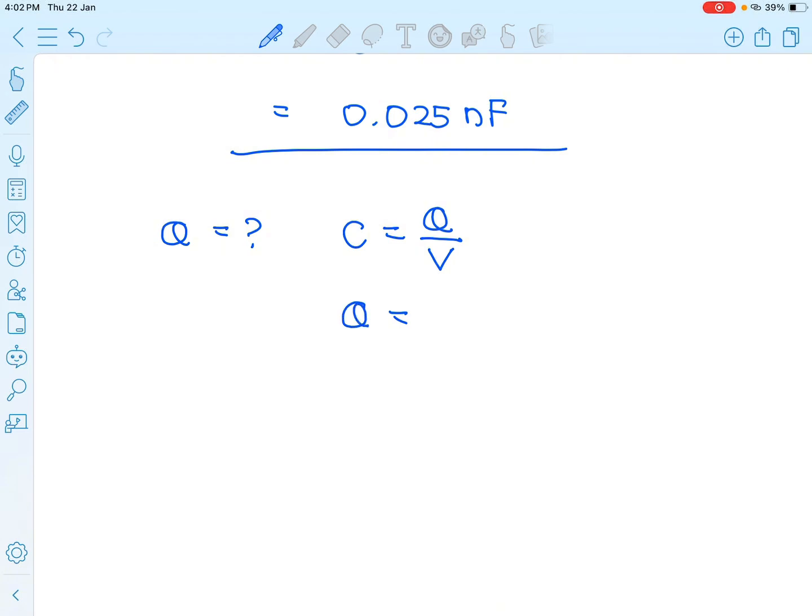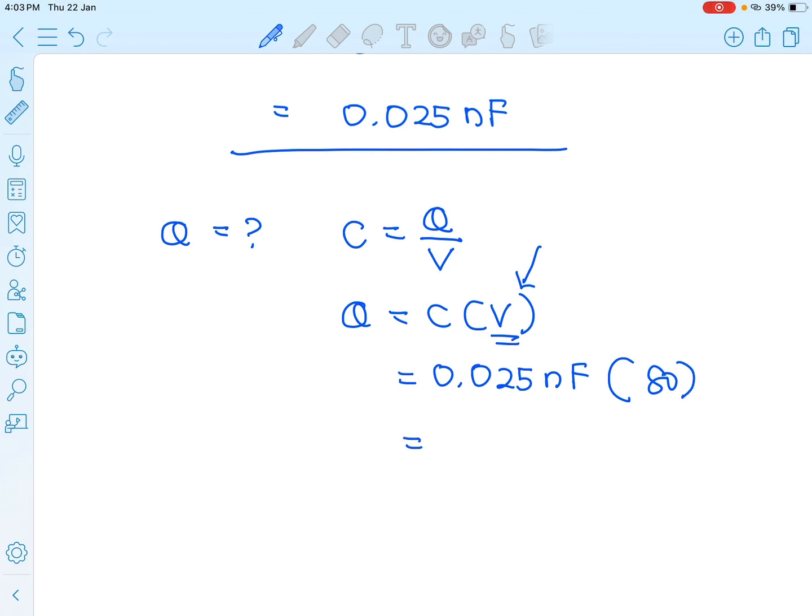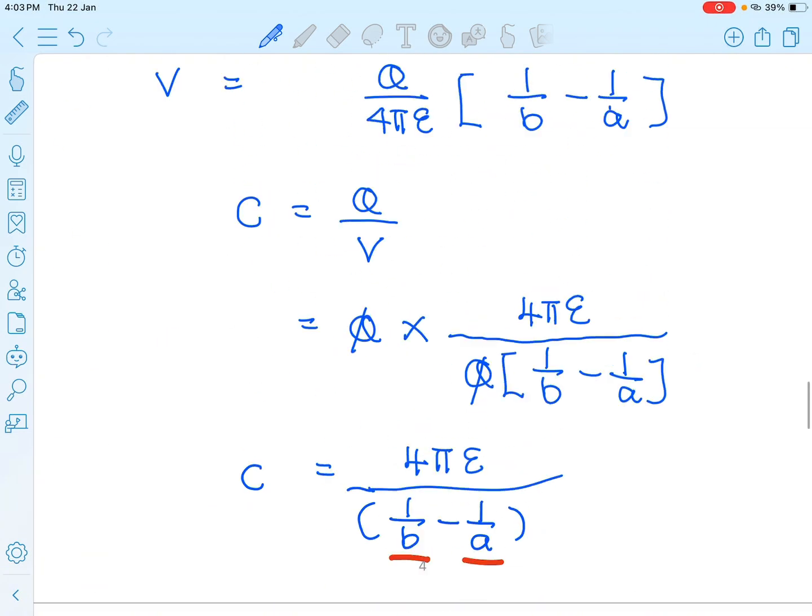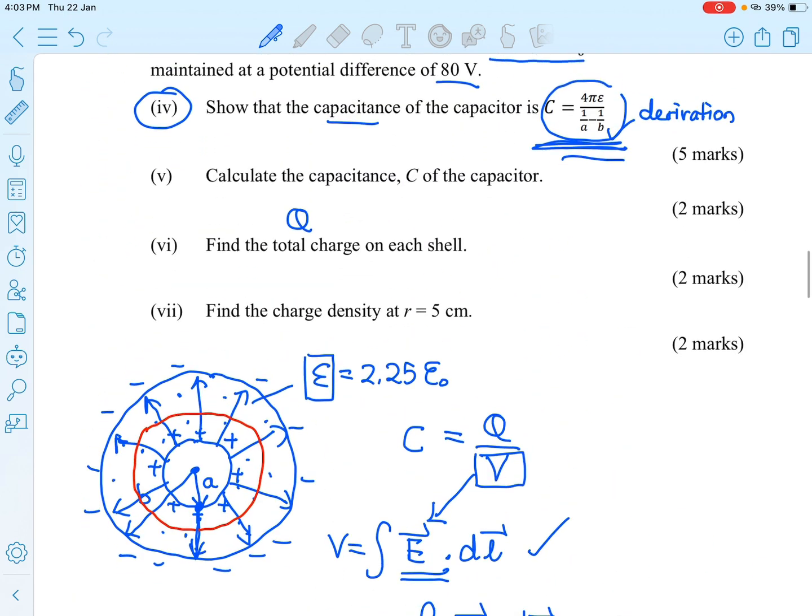So the Q would be C multiplied with the V, where V stands for the voltage. The question says that the voltage is 80. So you are going to get the answer 2 nanocoulombs.